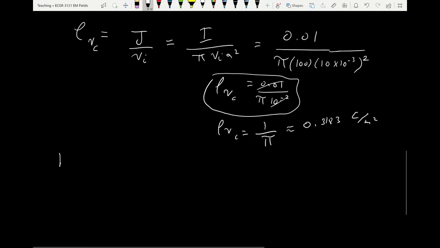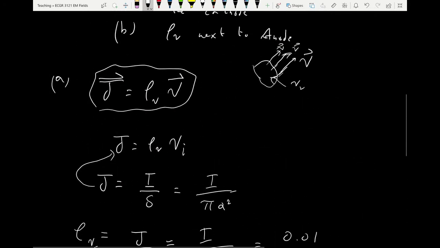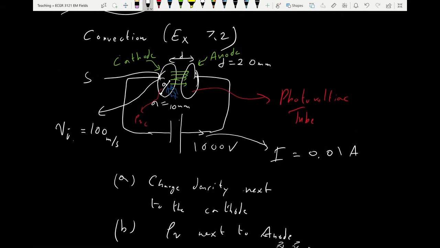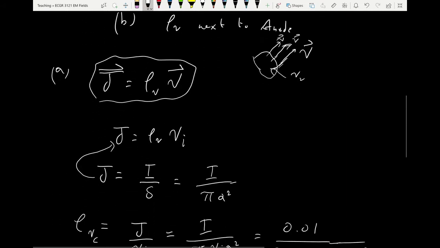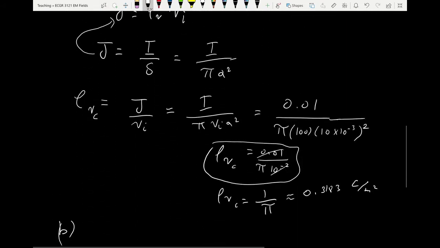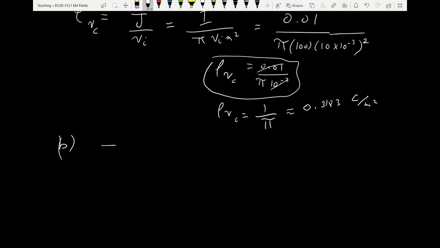Okay. Part B asks for the charge density next to the anode. Again, we can use the same equation. J equals rho V, but now instead of vi being the initial velocity as the electron exits the cathode, V now is the final velocity as the electron hits the anode, right?